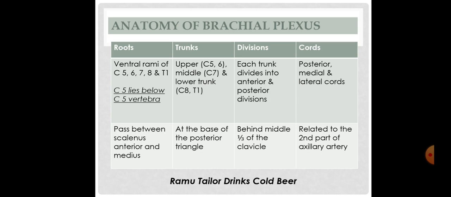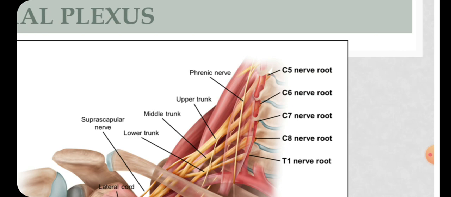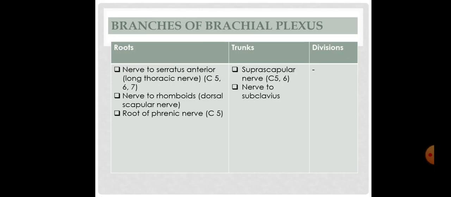So you have to know that the C5 nerve root emerges below the C5 vertebra. You can see the picture. Not really given here.